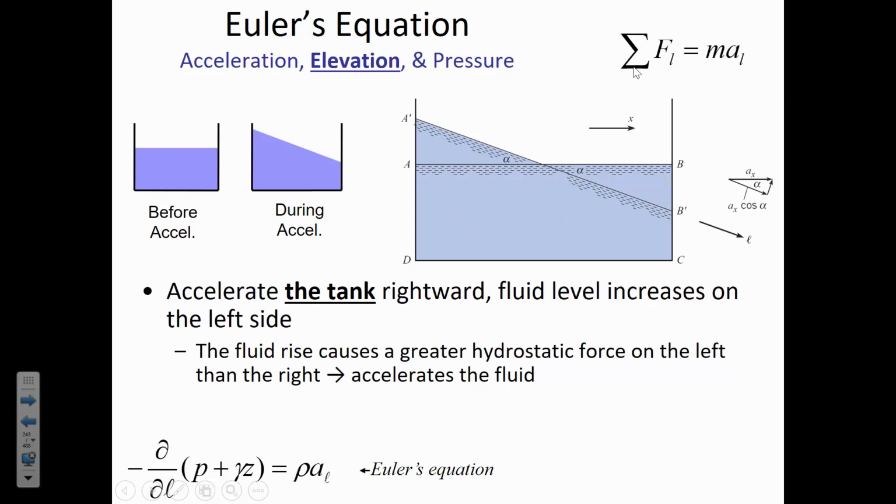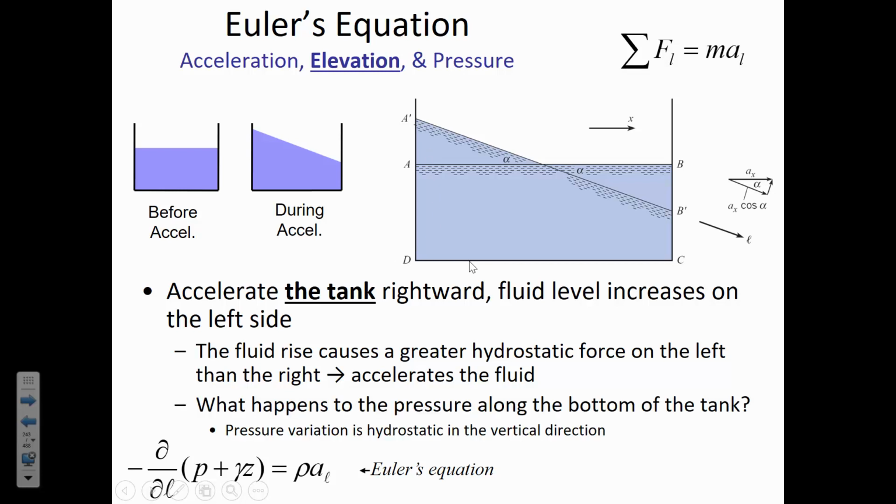So if we have an acceleration to the right, then the fluid level increases on the left. And that's similar to what I've told you before about the pressure increase being in the opposite direction of acceleration. Remember when we had these enclosed tanks, if the tank is accelerating to the right, the pressure increases to the left. So here, if it's accelerating to the right, the liquid level increases on the left side. So it's kind of the opposite to the direction of the acceleration.